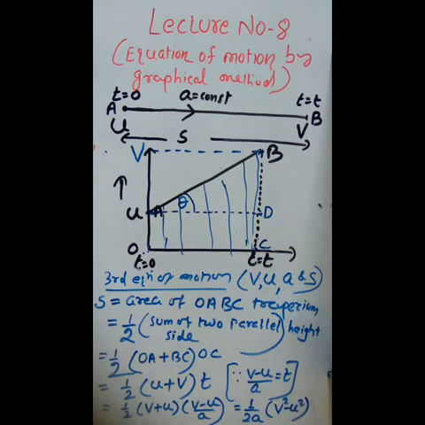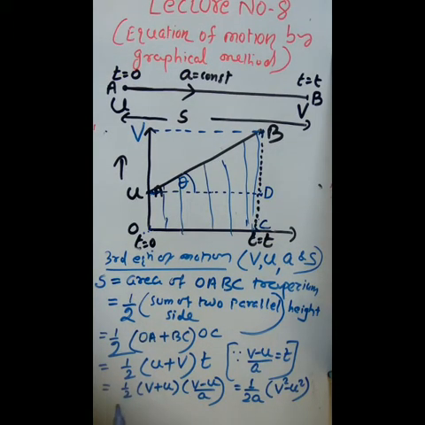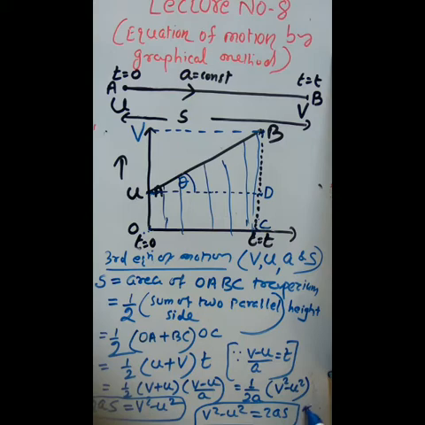So s is equal to 1 by 2a into v square minus u square. If you cross multiply 2a with s, I get 2as is equal to v square minus u square. So this is the third equation of motion: v square minus u square is equal to 2as. Is it clear?